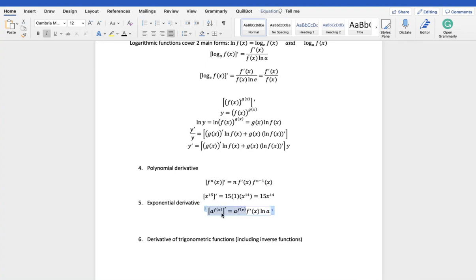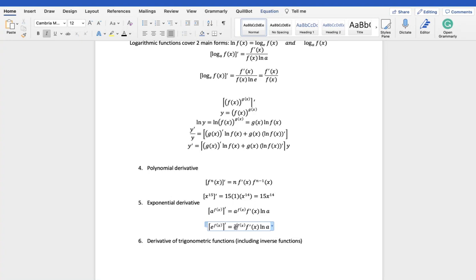Now we have the special case where a is equal to e. Right? So in the special case where a is equal to e, let's say you have e to the exponent of some function f of x. The function f of x can be anything.